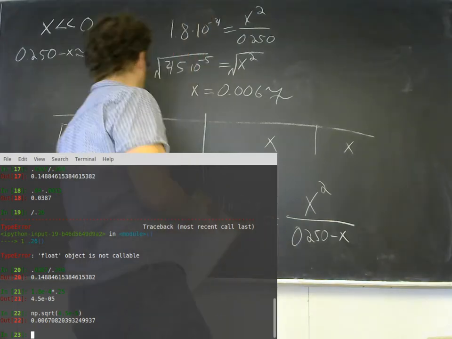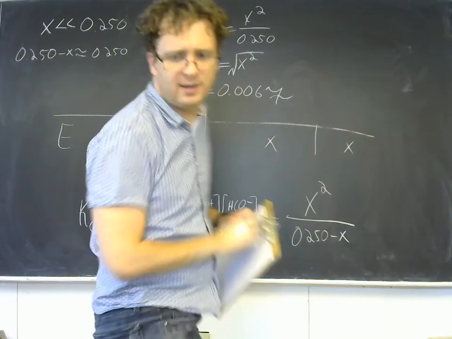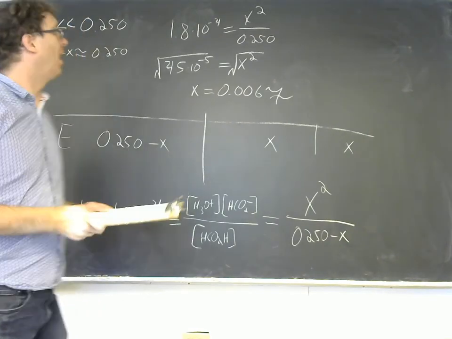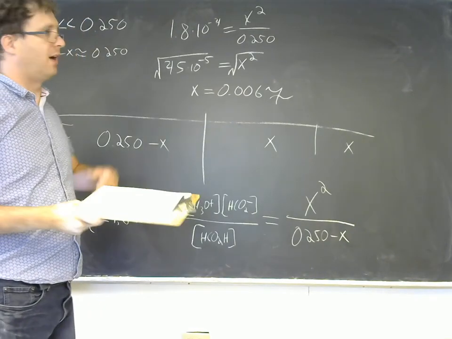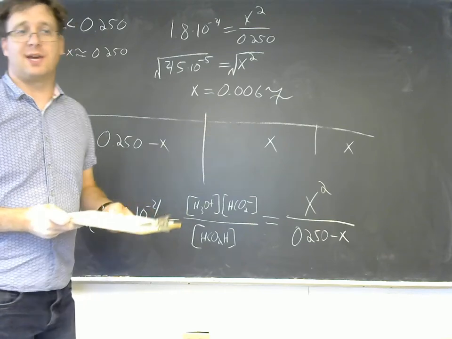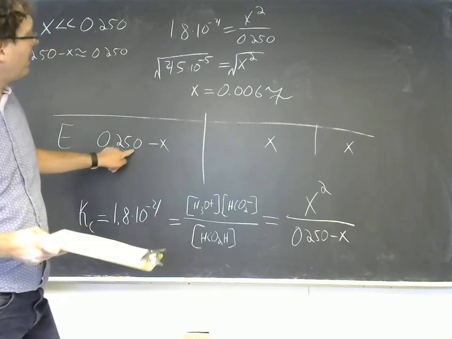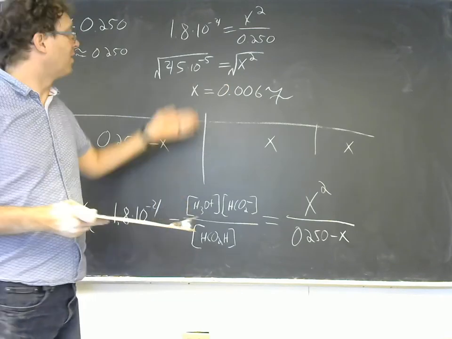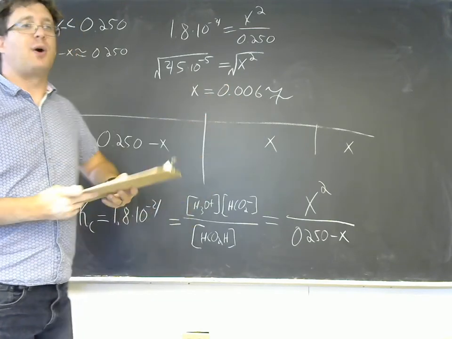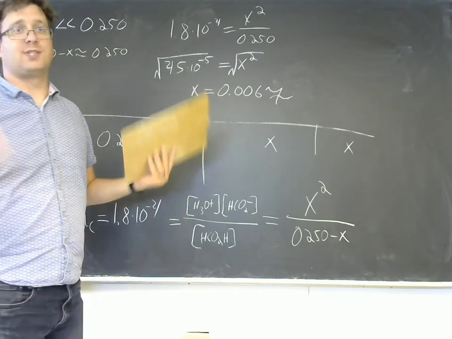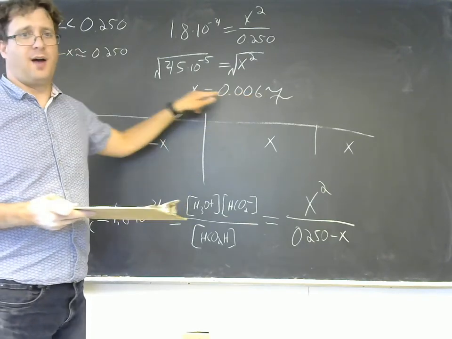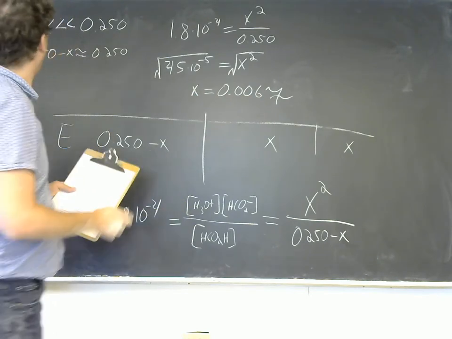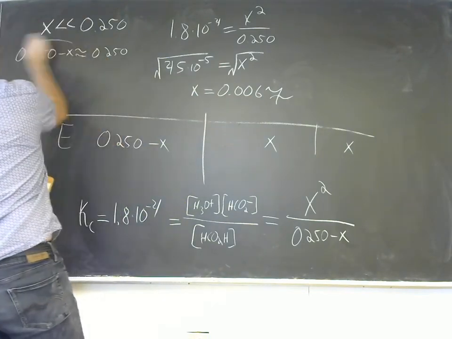Okay, well, that number clearly doesn't violate our physical constraints in the same way that the last one did. 0.250 minus 0.0067 is not a negative number. So this is a reasonable value. But we can be a lot more precise in defining whether our assumption here was valid or not. Let's look at this equation here.